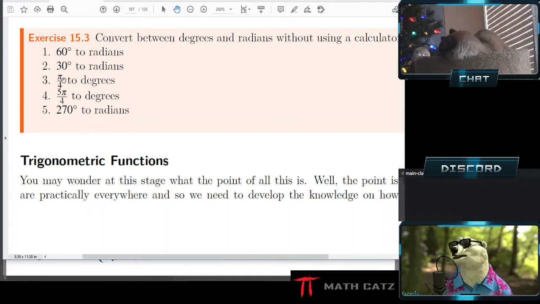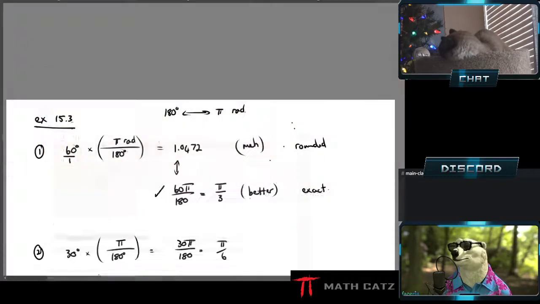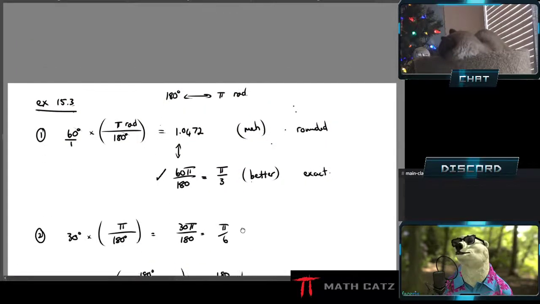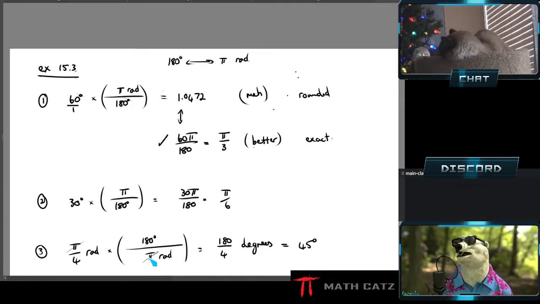In number 3, I have pi over 4 radians to degrees. So pi over 4 radians times the reference pair. Radians will now go in the bottom to cancel the radian quote-unquote unit, which I can think of as a unit, to keep track of it.